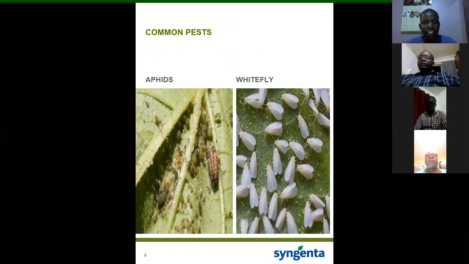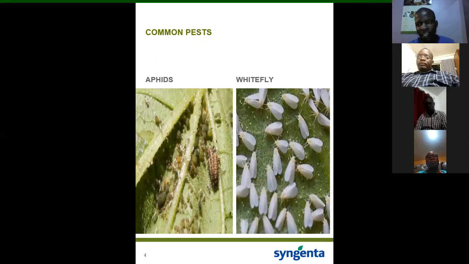They stay on your crop and suck fluids or sap from the plant, and by so doing, they transmit some viral diseases. So when your plant has been infested by these pests, at the end of the day, you are going to have a lower yield. This is not what we want as farmers.